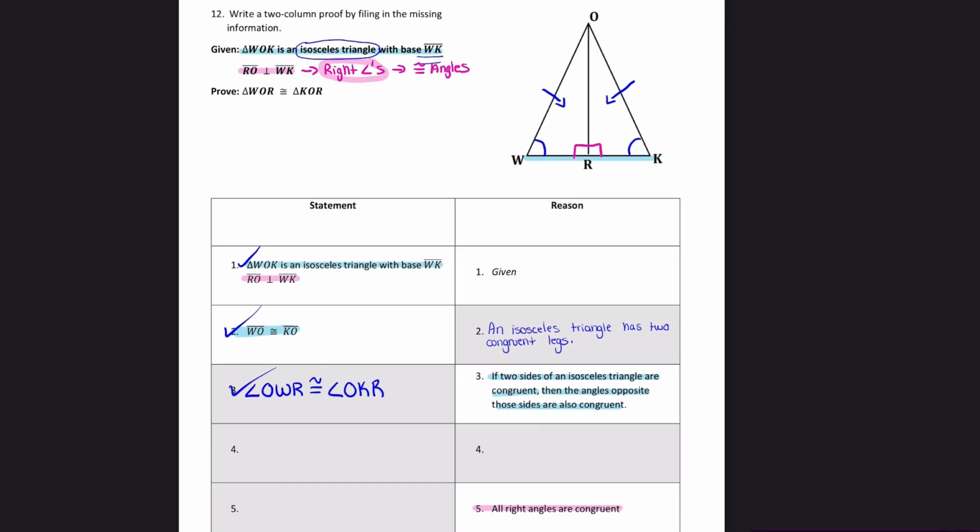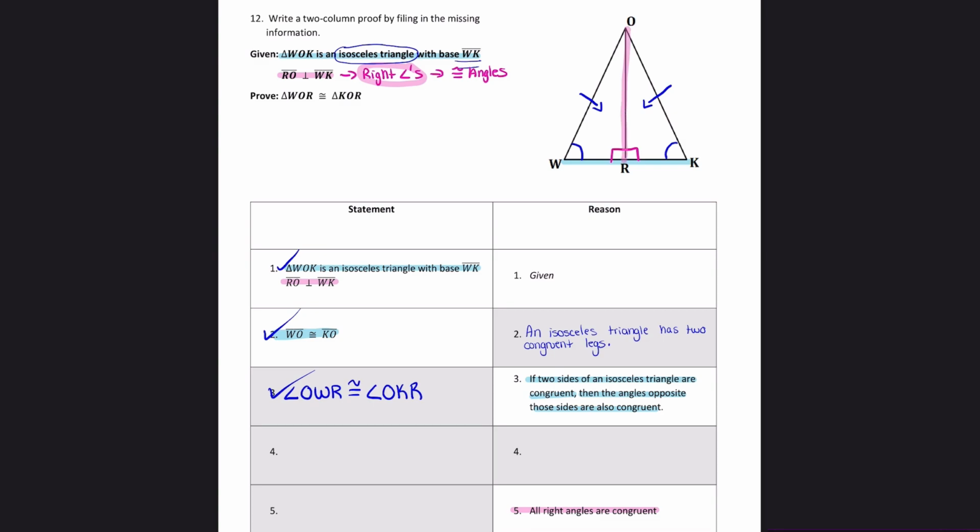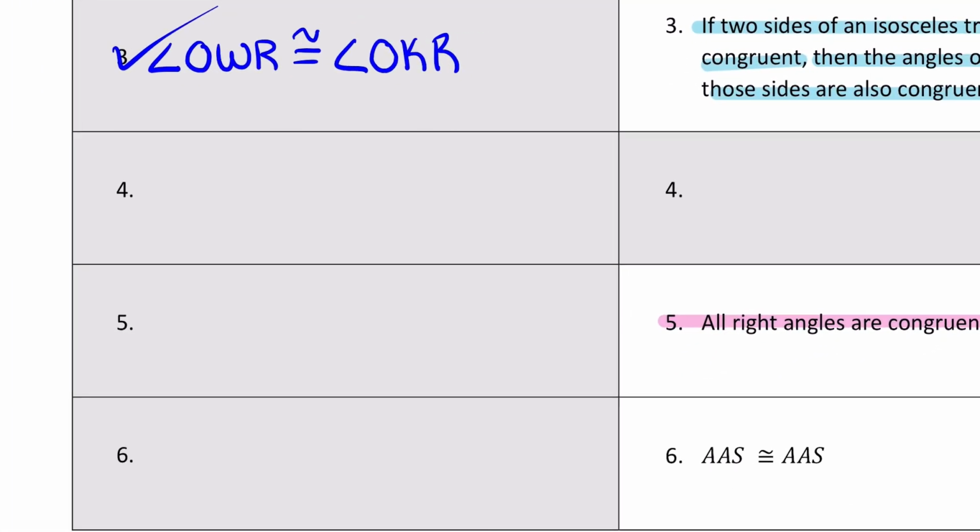So let's talk about what those angles are. It's ORW and ORK. So I'm going to state here angle ORW and angle ORK are right angles.